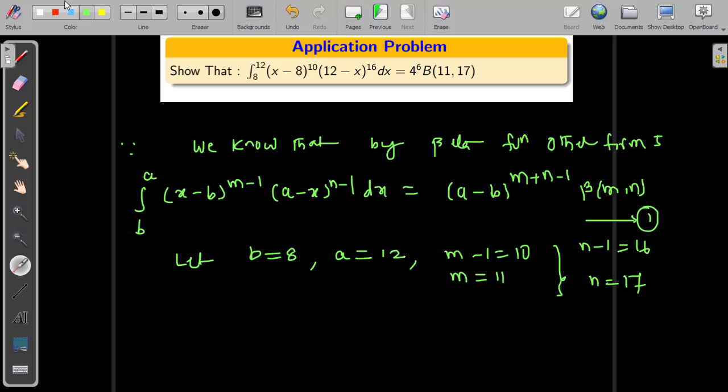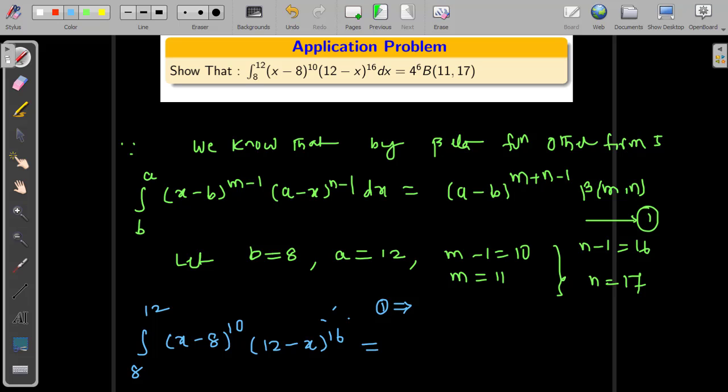The next step: equation 1 implies integral from 8 to 12 of x minus b, that is x minus 8, power m minus 1, which is 10, multiplied with a minus x, that is 12 minus x, power n minus 1, which is 16.